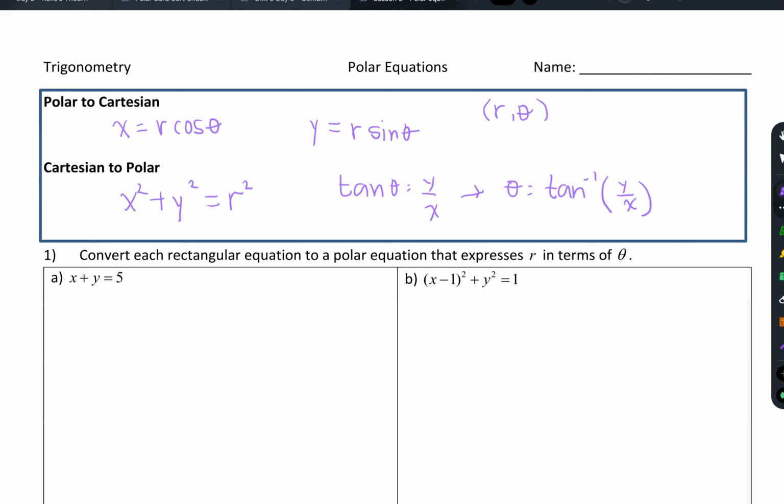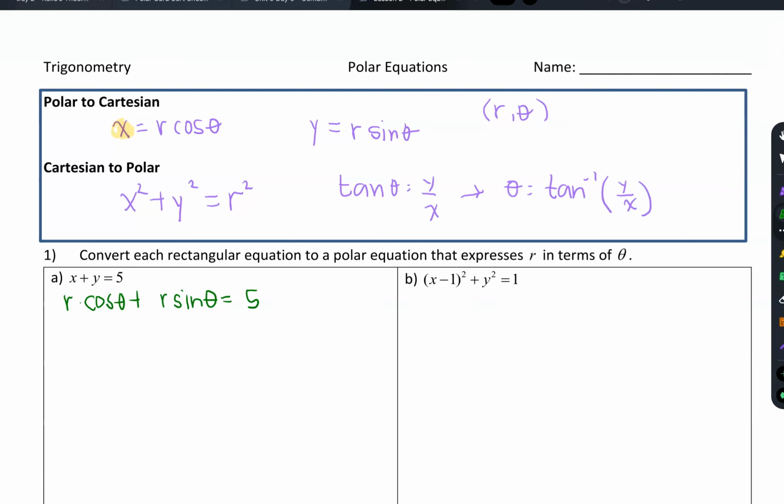Well, up here I have x is going to be equal to r cosine of theta. So can I plug that in right there? So can I say r times cosine of theta, and then y up there is equal to r sine of theta, and this would be equal to 5.